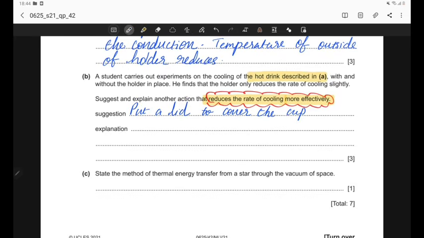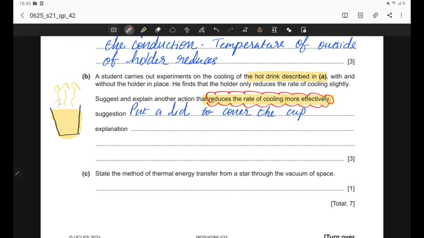So here we can see what will happen when we put a lid on a cup which consists of hot liquid. Since the liquid is hot, the thermal energy can transfer through convection, as the hot air will rise upwards. So this is one way the thermal energy can escape from the liquid to the surrounding air.